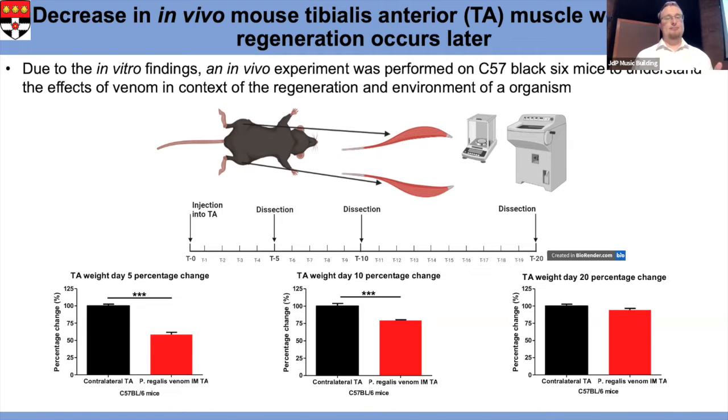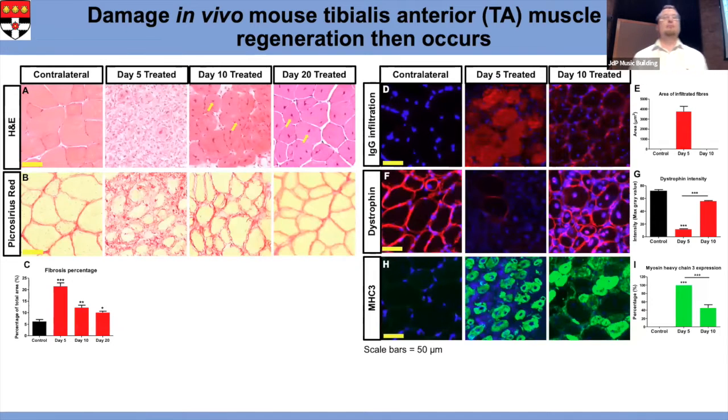So a significant impact was seen at day 5 and a reduced but still significant impact at day 10. However, by day 20, this impact was no longer significant, indicating regeneration over time.